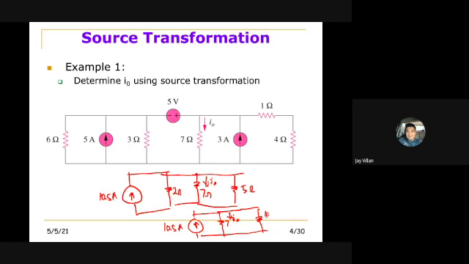So this is 10 over 7 ohms. Okay. So using your current division formula, to solve for IO, IO is equal to 10.5 times 10 over 7 divided by 10 over 7 plus 7. So what is this value here?